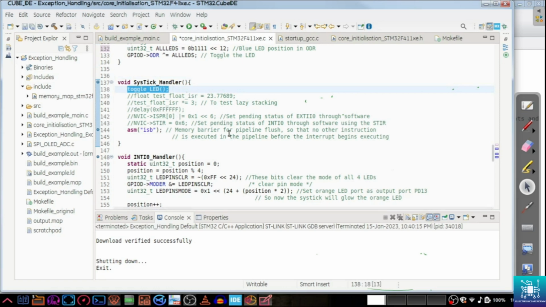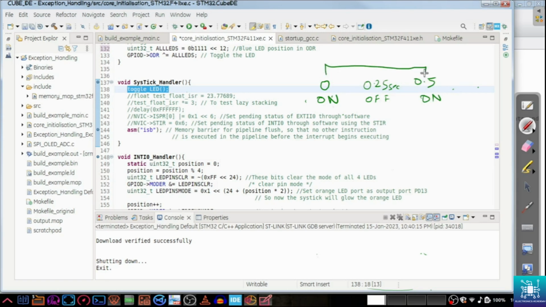So if it's 0.25 seconds, say the LED goes on at the 0th second, it goes off at 0.25 seconds because it is toggling, and it goes on again at 0.5 seconds, right?